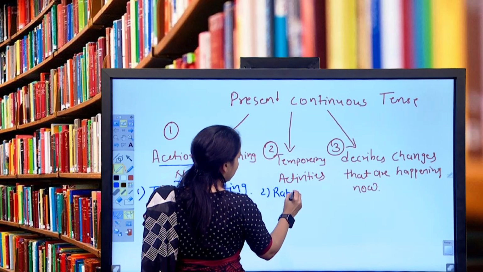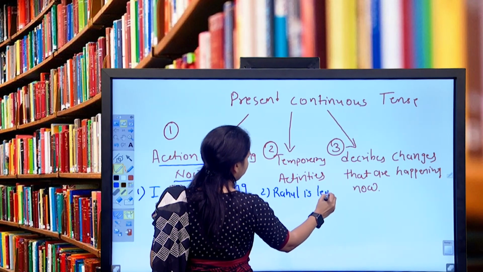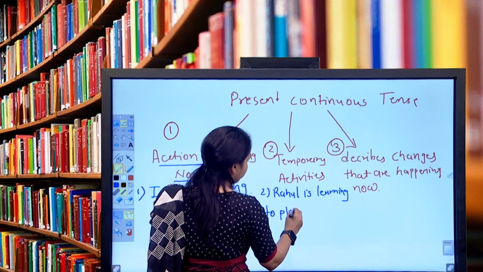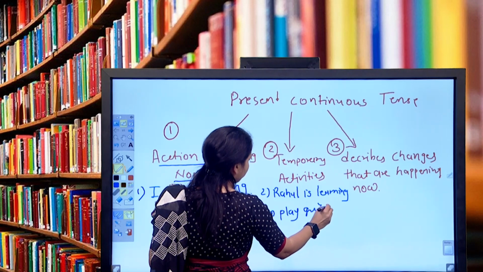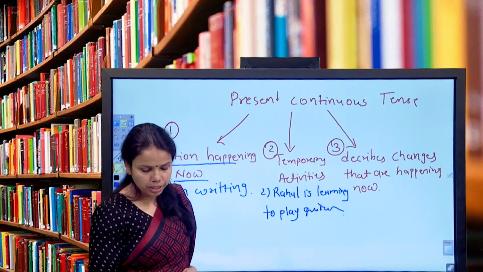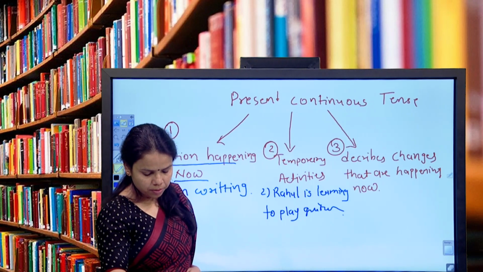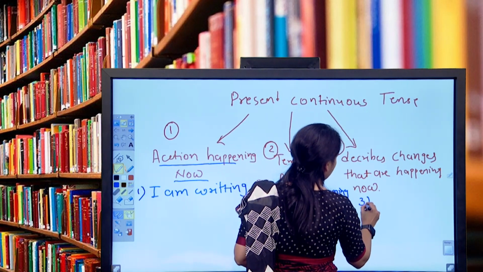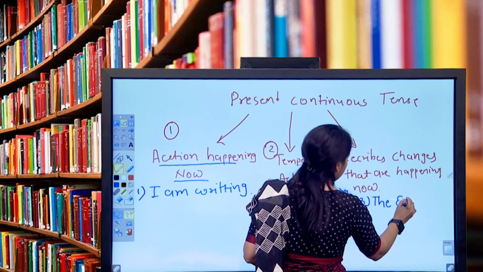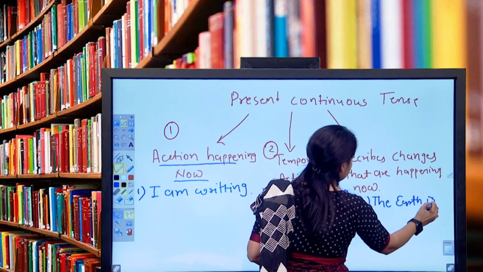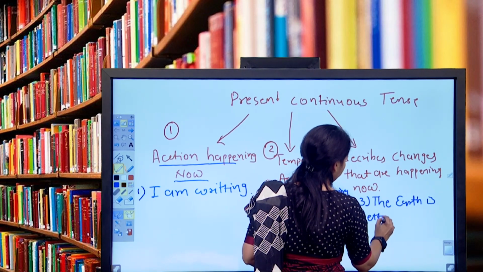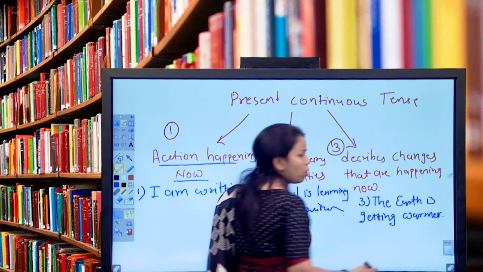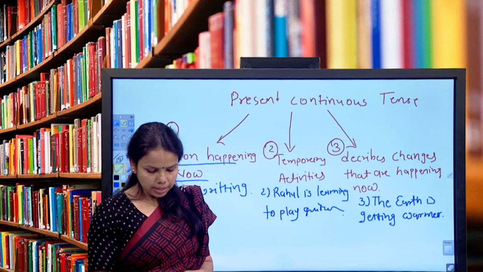Rahul is learning to play guitar. And described changes, it means the earth is getting warmer, right? The earth is getting warmer.